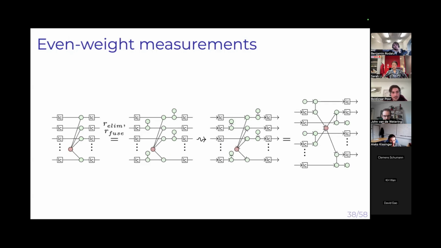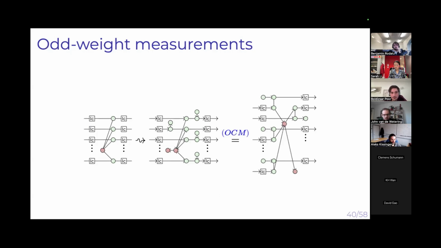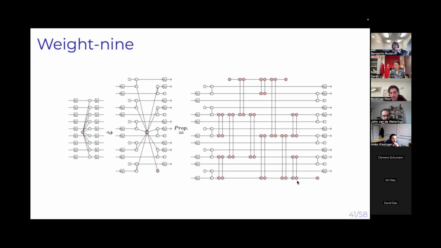So this was first even weight measurements, which are done quite neatly, but we can also do it for odd weight measurements, in which case we simply unfuse a spider from the middle, and then that gives you an additional ancilla at the bottom, such as in this case.